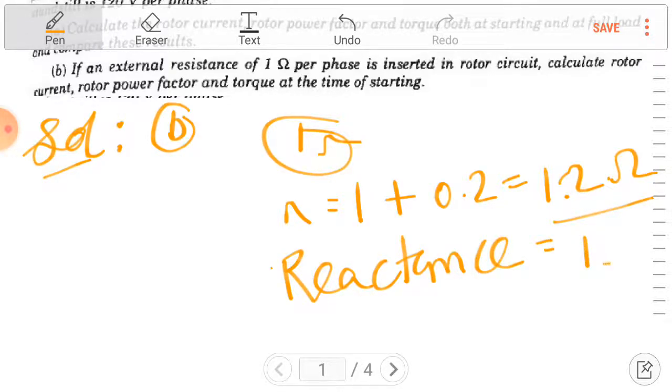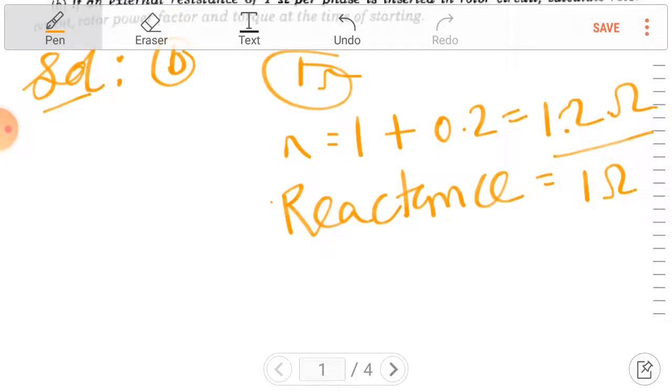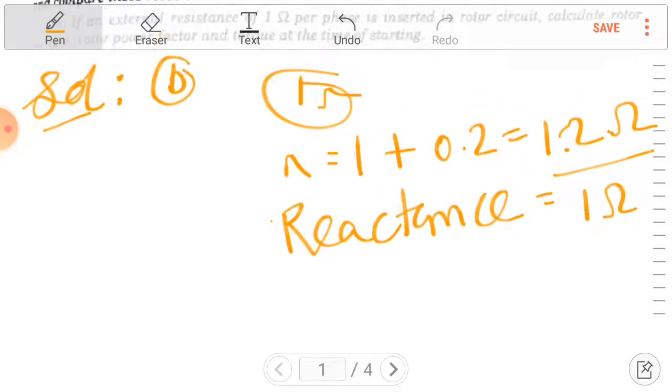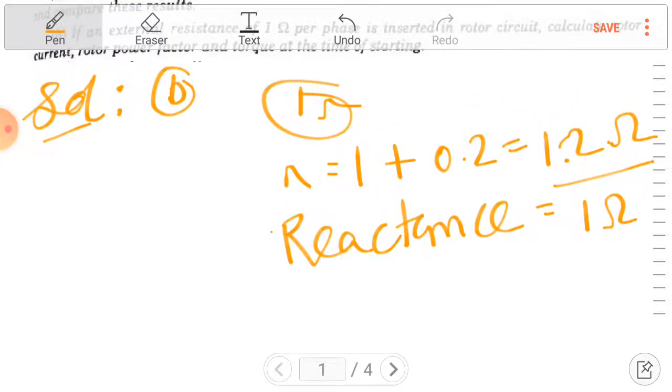Reactance is 1 ohm per phase. So resistance is increased in the rotor circuit, then we have to see what changes are observed in current, torque and power factor.